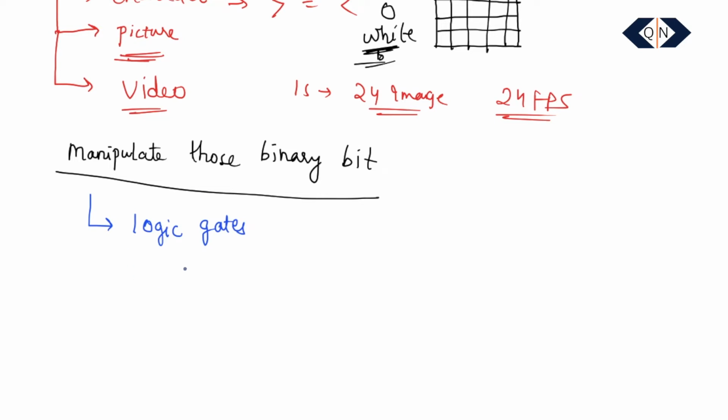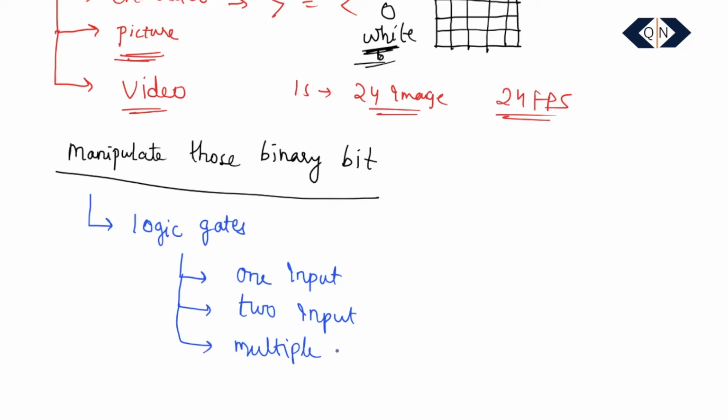This logic gate can take one input, two inputs, or multiple inputs. We will look at them one by one.